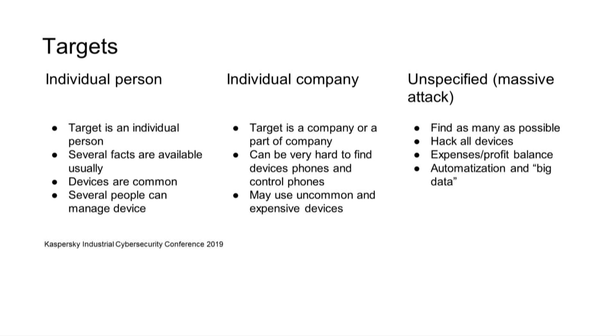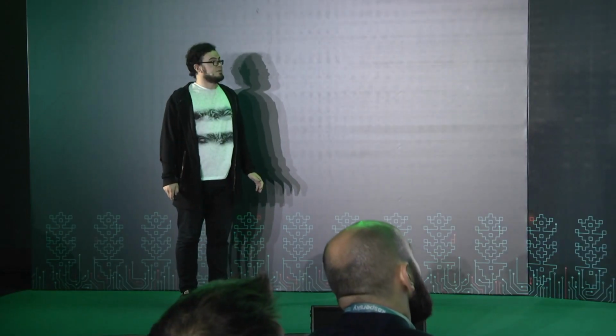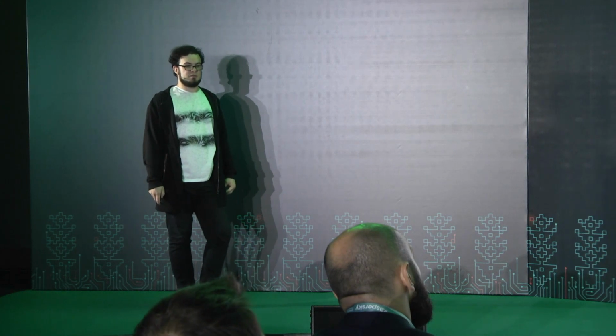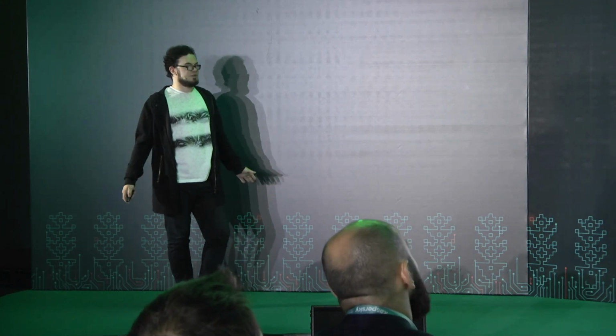And let's try to divide them into three groups: individual person, individual company, and massive attack. With individual persons, I would assume those are people who bought the device for themselves. Individual companies are the ones that are trying to use some device, specific device in their business processes.